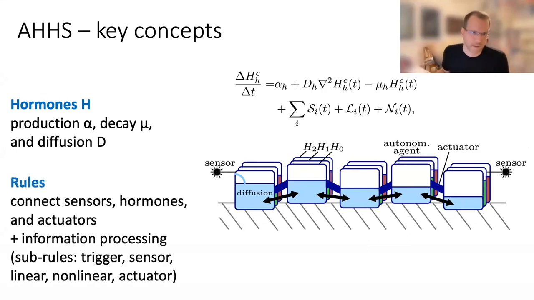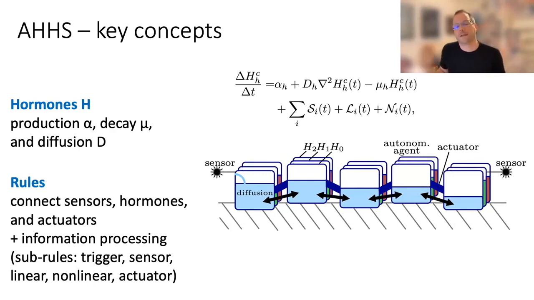Concept number two is rules. This is implementing the information processing, as I said before. We connect sensors to hormones and actuators. This is done through what we call sub-rules. The overall concept is a bit sophisticated, but here real quick. Each rule is triggered by a certain hormone concentration or by a sensor input, for example. Then the sensor input may also add or remove hormone concentrations.